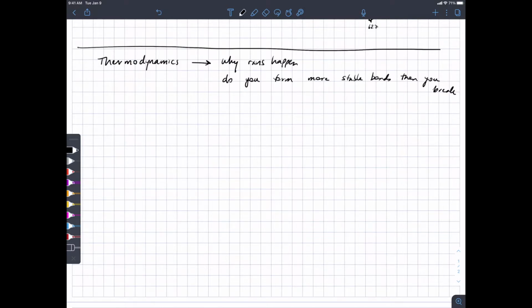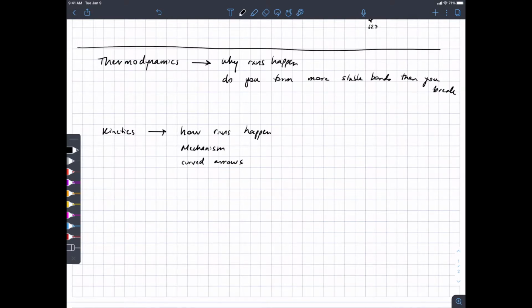And then for kinetics, the issue is how reactions happen. And this is an issue of mechanism. What does what? And we will use these curved arrows to show mechanistic steps.